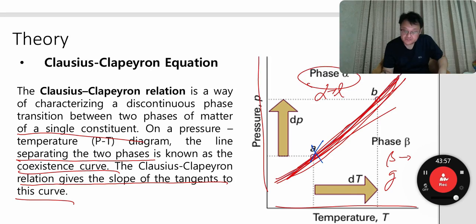When you go to another point so that the chemical potential of liquid is changed, the same amount of change should also be valid for the gas phase, because you are still on the coexistence curve.